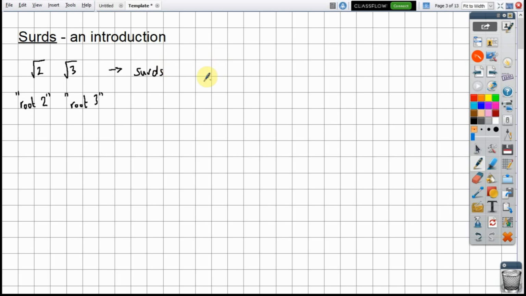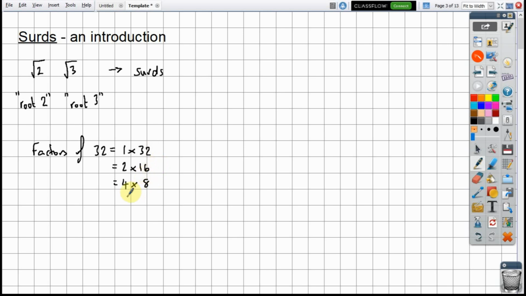Now, the little bit of maths that you need from our previous topic to progress with this is factors. If you were asked to find the factors of 32, you would hopefully do something like this. You would think through 1, then you'd think through 2. 3 isn't a factor of 32, but 4 is. 5 isn't, 6 isn't. 7 isn't, 8 is, but we've already done it, and so we know we're finished.